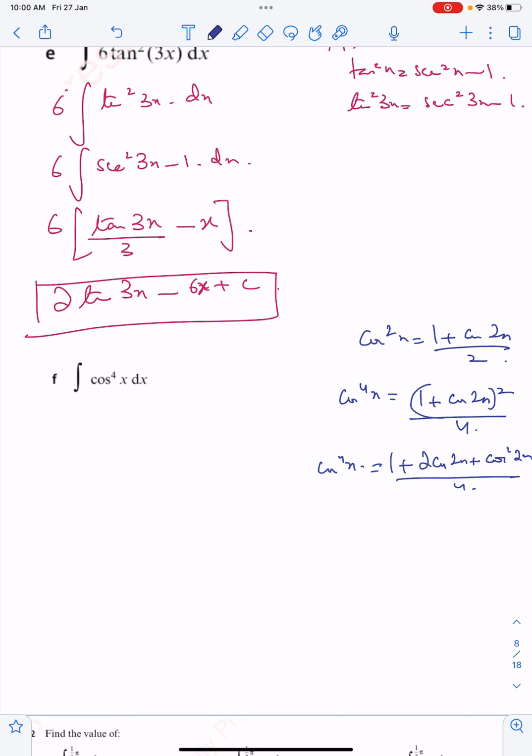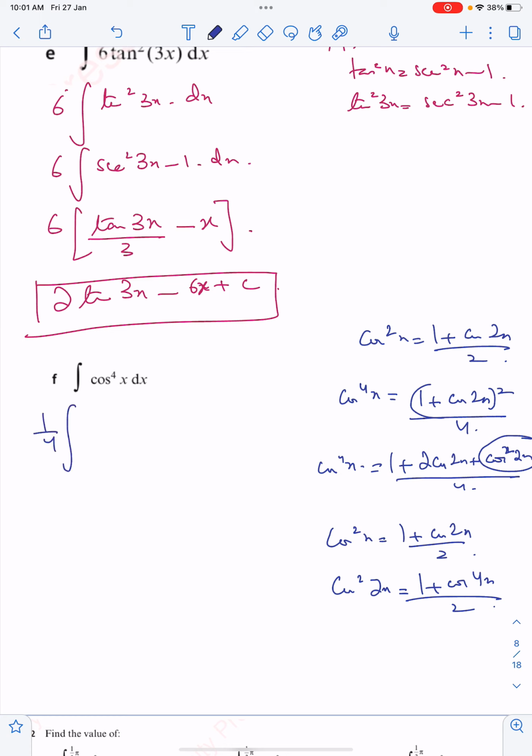And we know cos square 2x can be replaced by, we know that cos square x is 1 plus cos of 2x divided by 2. So cos square 2x, when I'm doubling the angle here, I will have to double the angle here as well. Okay, so I'm just copying it. 1 upon 4 I'm keeping outside. In place of cos square 2x, I'm writing this whole thing.